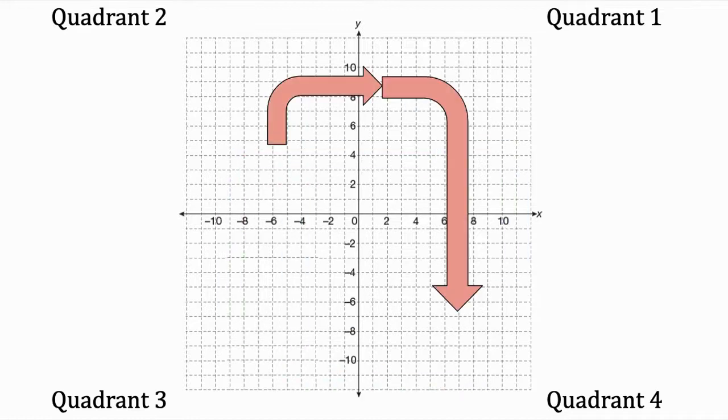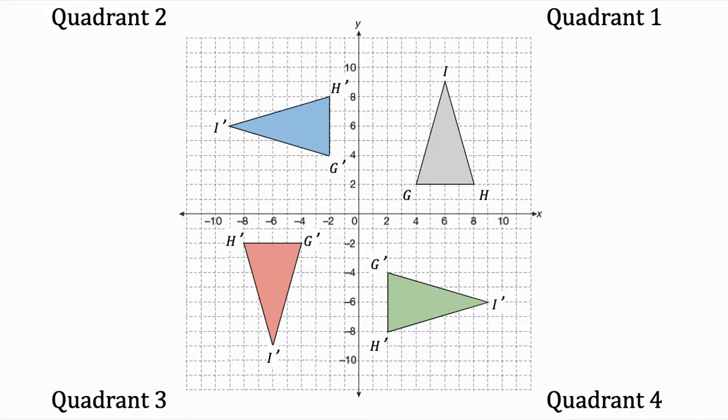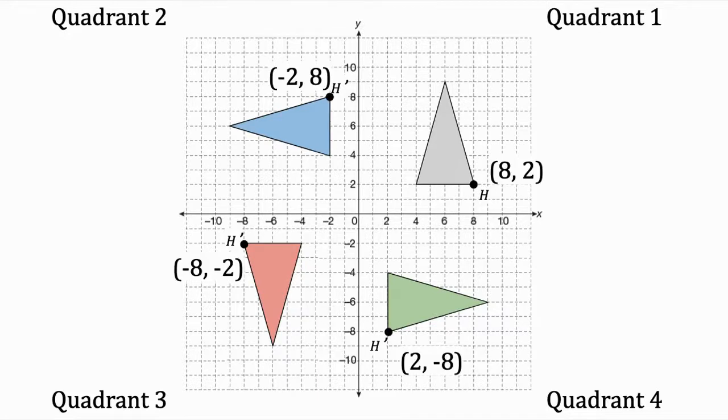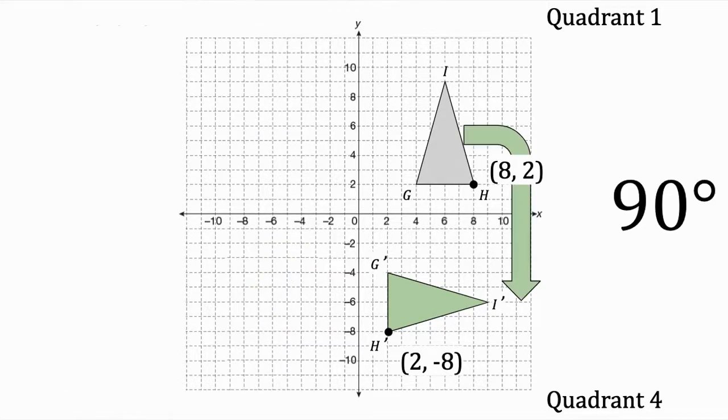And in this case, we do want to pay attention to the coordinates of the rotation, as it may help us with what type of rotation has occurred. Let's use point H to demonstrate this. The coordinates on the original point H are +8 for x and +2 for y. When we rotate 90 degrees, Point H prime's coordinates are +2 for x and -8 for y.